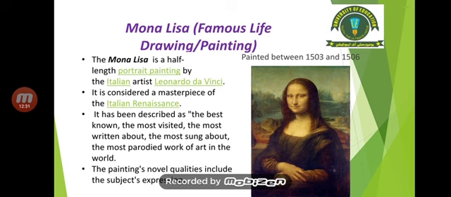It has been described as the best known, the most visited, the most written about, the most sung about, the most parodied work of art in the world. The painting's novel qualities include the subject's expression. It's all about the smile of that model which made the painting very famous.